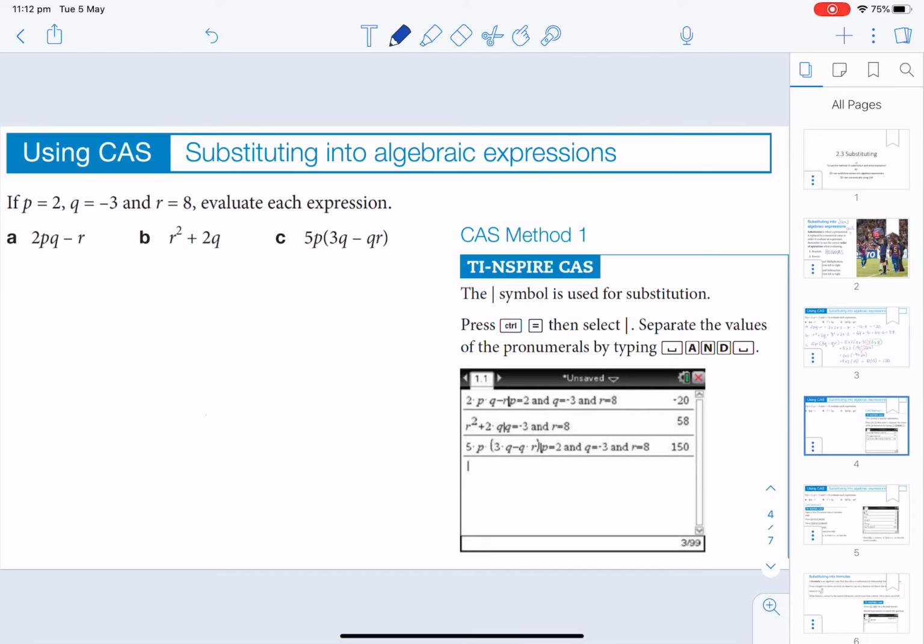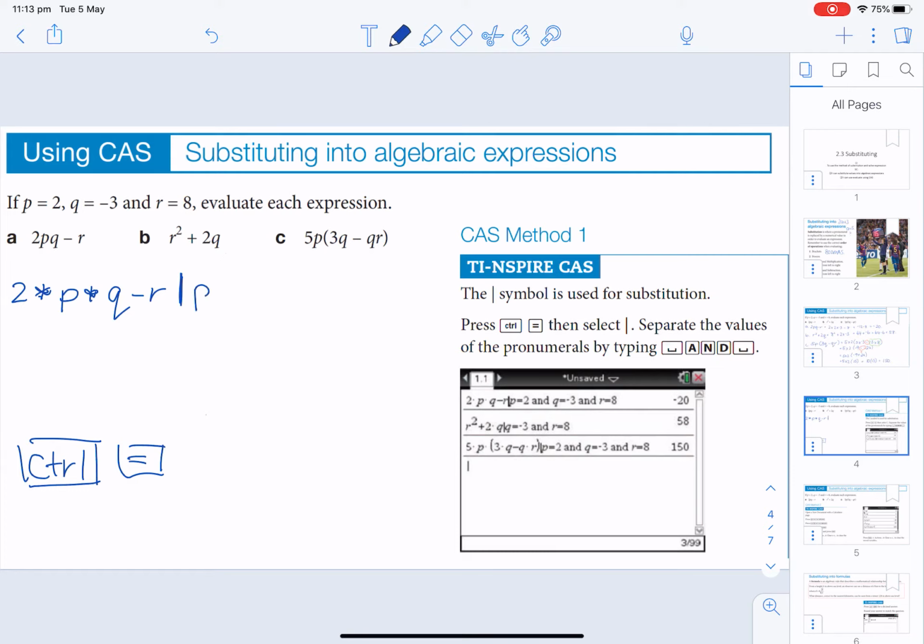I would put in my expression, 2 times P times Q subtract R. Then I'd use a substitution or a where symbol, which, in order to find that, you'd use your control button and the equals sign. This equal button will give you a little pop-up menu, and you use the very last symbol, which is a straight vertical line.